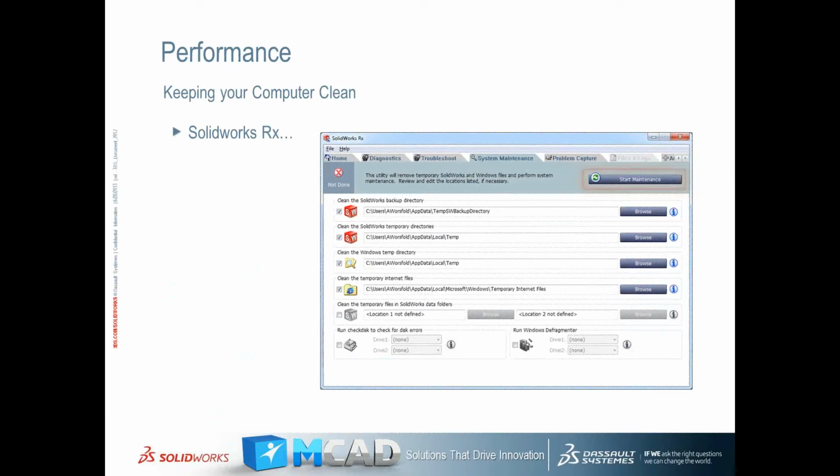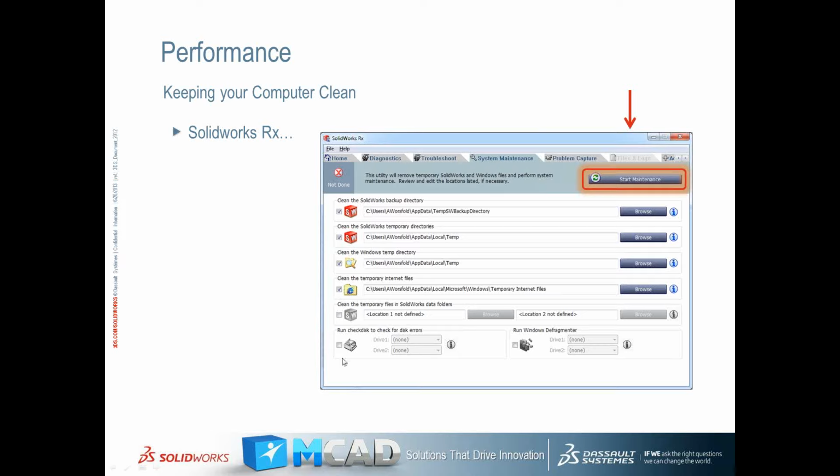All right, keeping your computer clean. In the past, this used to be a manual process, but now in the SolidWorks RX tool, there's a one-button cleanup. And you can uncheck these options here. So if you don't want it to clean out the temporary internet folders, you can just uncheck that before you run this.